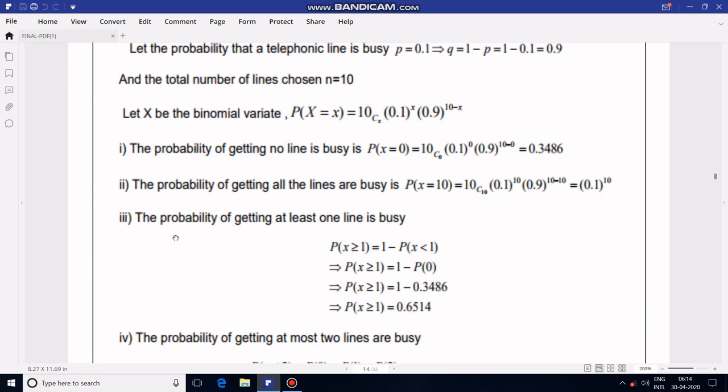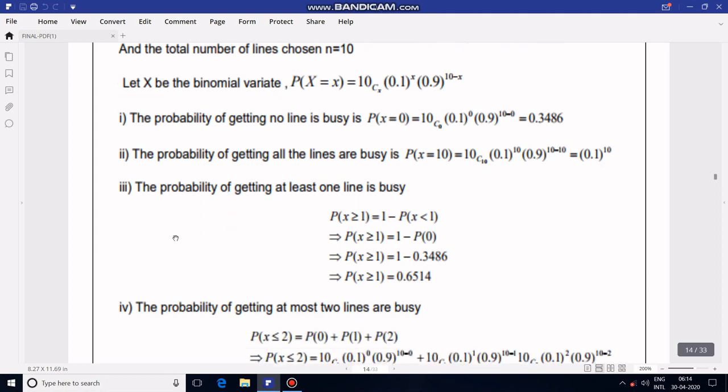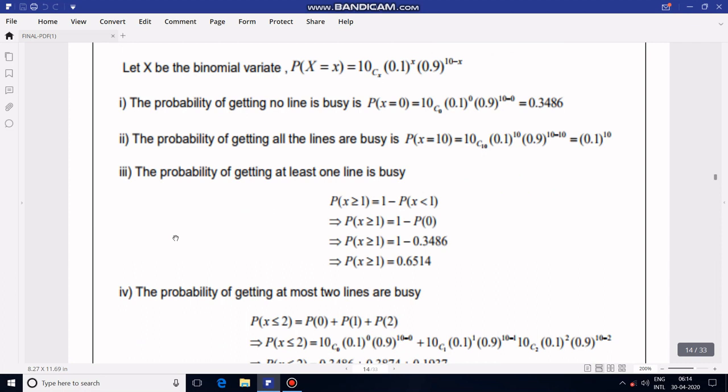Next, the third question is the probability of getting at least one line busy. At least means greater than or equal. Here we need to compute P for x greater than or equal to 1. In this problem, x takes values from x equals 0 to x equals 10.